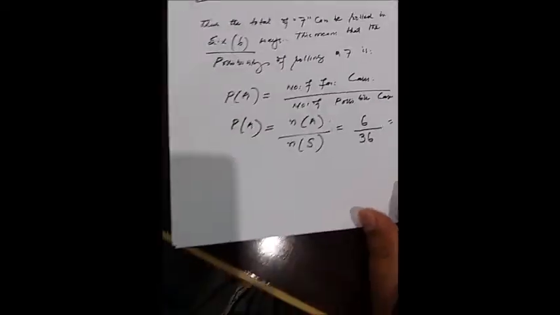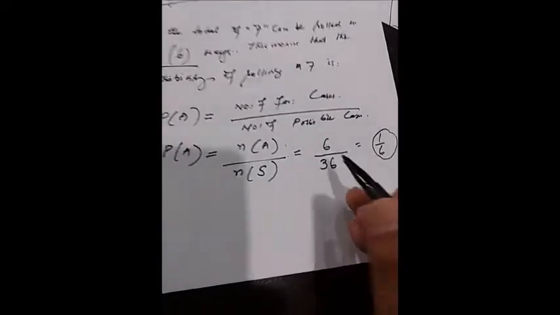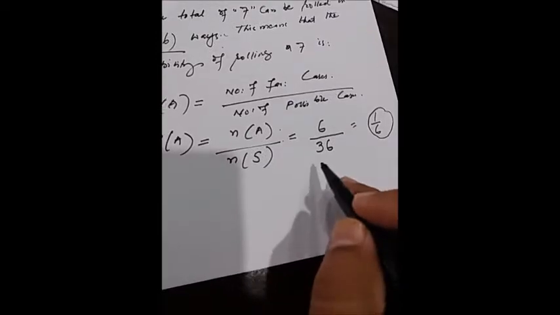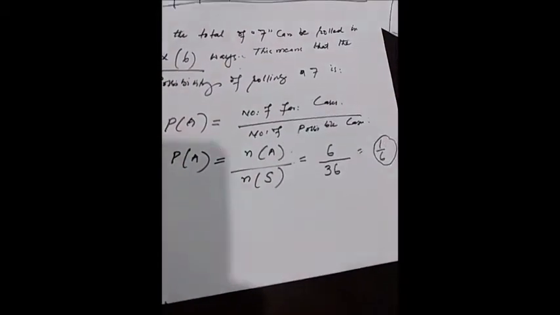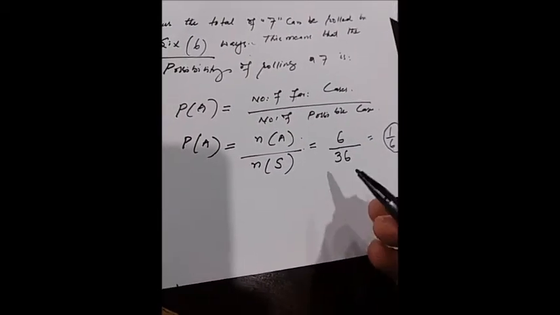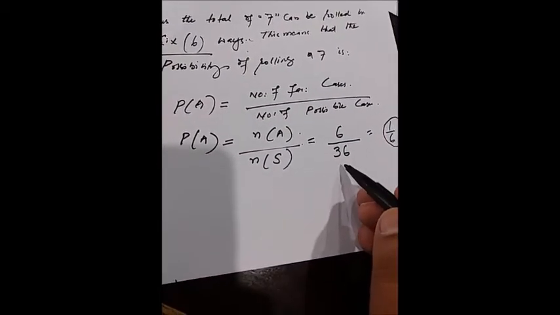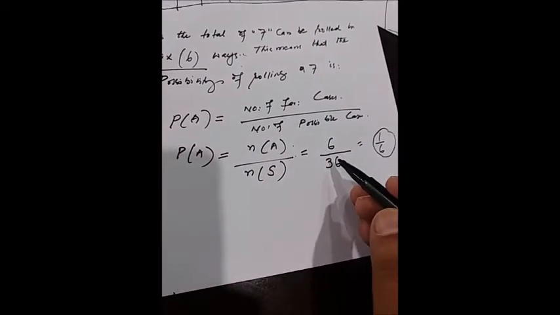It means what we have comprehended: that the 36 points contain 6 ways by which 7 can be rolled.